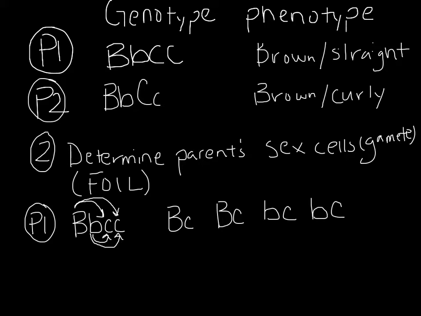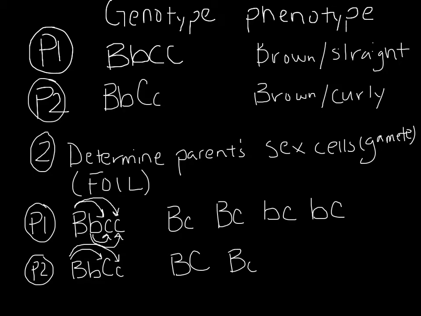We got to do that again for parent 2. Parent 2 has a little bit different genotype: big B, little b, big C, little c. Again, I'm going to do first. So that's big B, big C. Outer would be big B with that little c. Inner is going to be little b with big C. Now, this is where we kind of break the rules.